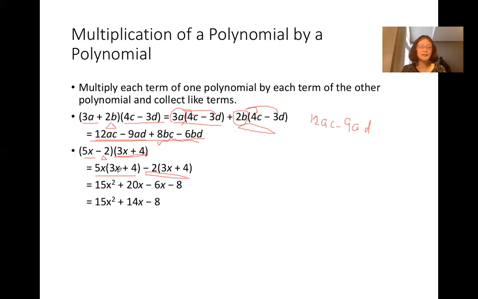So 5x multiplied by 3x, 15x squared, 5x multiplied by 4, 20x, and then negative 2 multiplied by 3x, negative 6x, negative 2 multiplied by 4, negative 8. And this time you got like terms. 20x minus 6x, they are like terms. The result is 14x. So this is the final result.